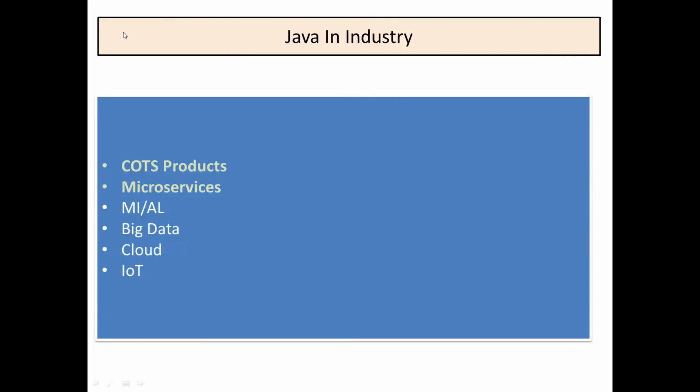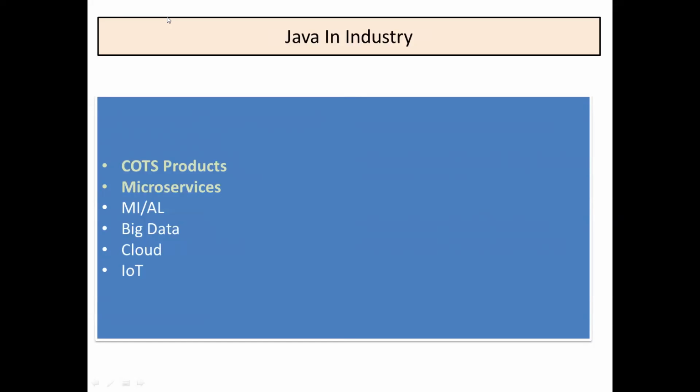Okay, so we have the cloud. Even in cloud technologies, we are using Java heavily, and IoT. IoT is Internet of Things. This is related to devices. IoT is heavily used in any industry.